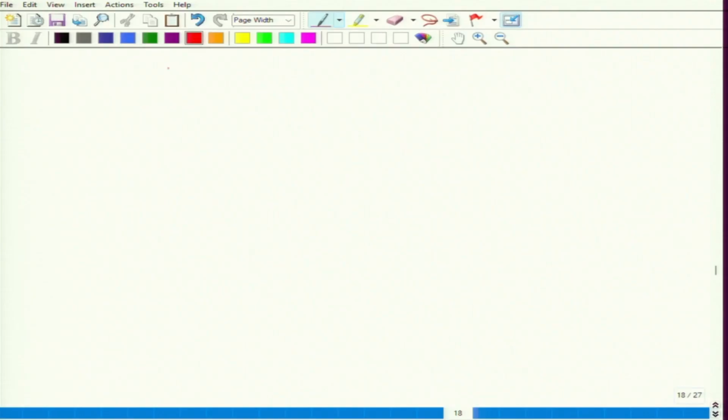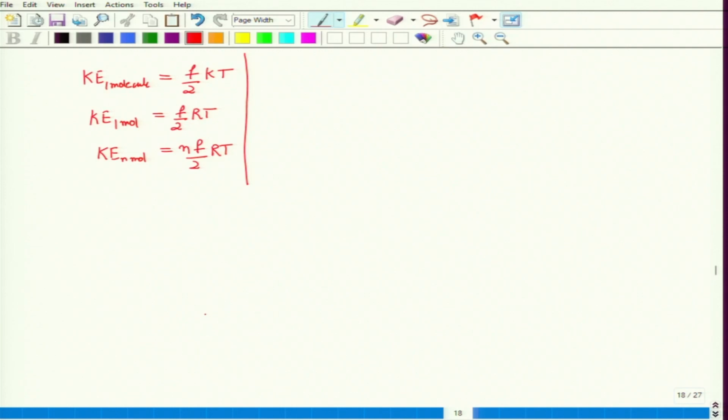The expressions that we have obtained are: kinetic energy of 1 molecule is F by 2 kT, kinetic energy of 1 mole of gas is F by 2 RT, and kinetic energy of n moles of gas is n F by 2 RT. So this we have derived till now.